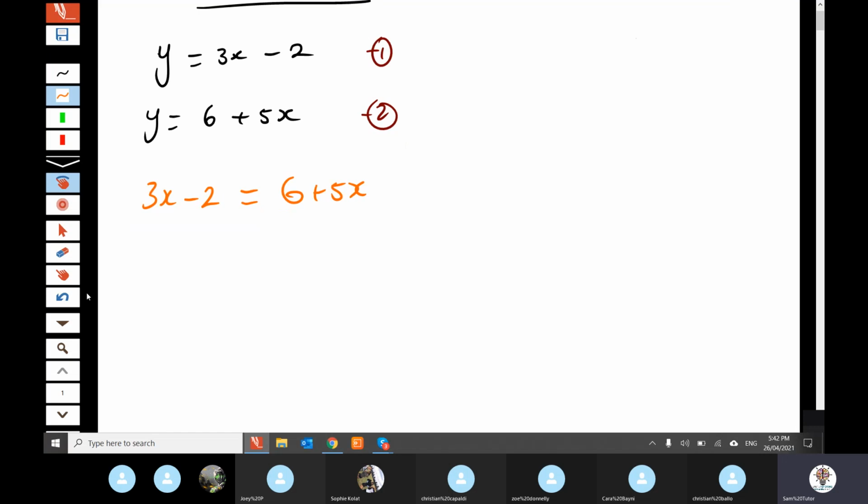But without overcomplicating, because what I could have said is bring this guy and substitute it here. And it would have looked exactly the same thing. Like you would have said 3x minus 2 equals 6 plus 5x. But instead of me saying substitute this y into this y, all I'm saying is if there's two letters that are exactly the same, we usually make everything else equal to each other as well for them to balance out.